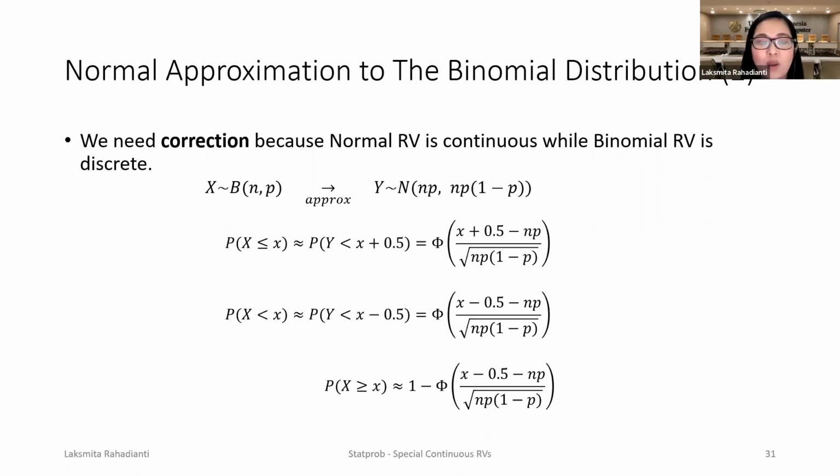Note here that when you are going less than or equal to, you need to add 0.5. But if you're computing less than without an equal, then you need to correct with minus 0.5. And the other way around as well, if you want to compute the right-hand side or larger than, you need to correct it with 0.5. Basically, if you are doing an equals, you need to correct for an additional 0.5 in the opposite direction. So here is less than, right?